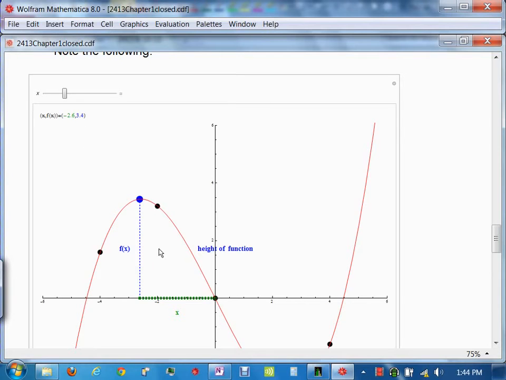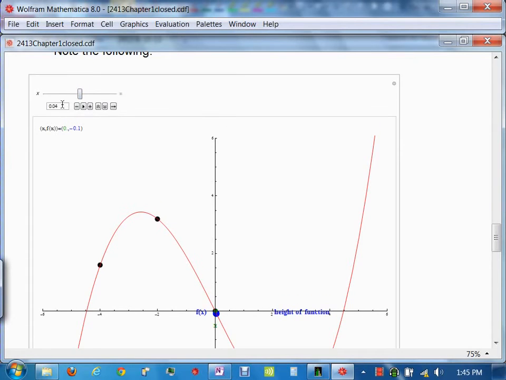So is the output here positive or negative? Positive, right? Because I'm above the x-axis. And if I move over just a little bit to the right, I'm still positive, right? At some point, though, my height is actually what? Like right in there. I can't get right on it, but you can open this up and actually put in a value if you want.